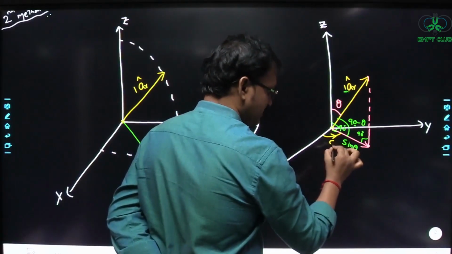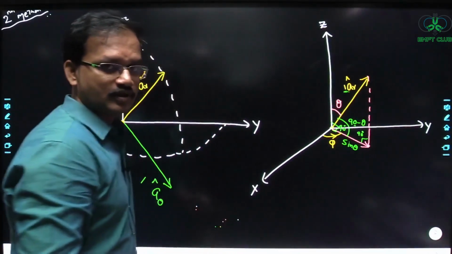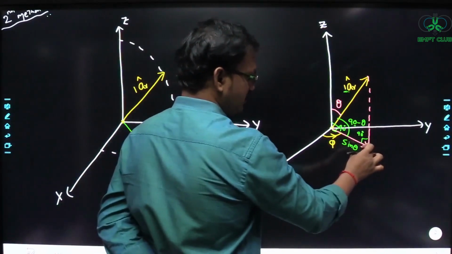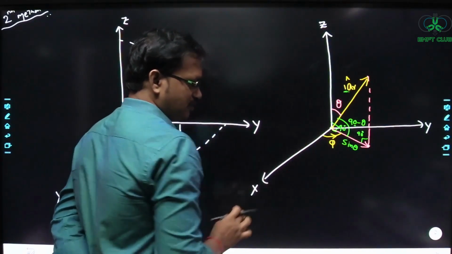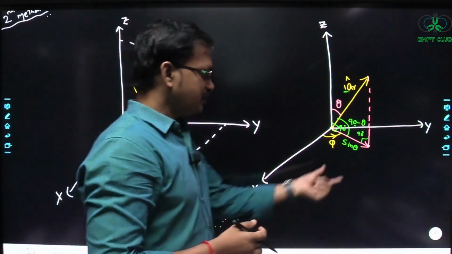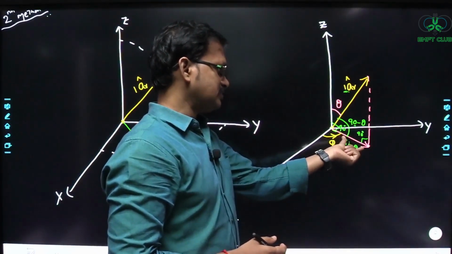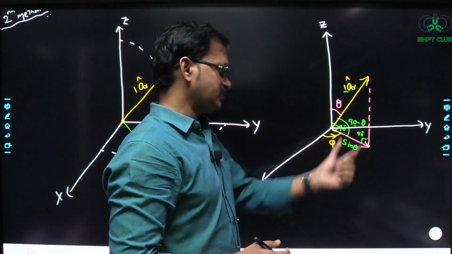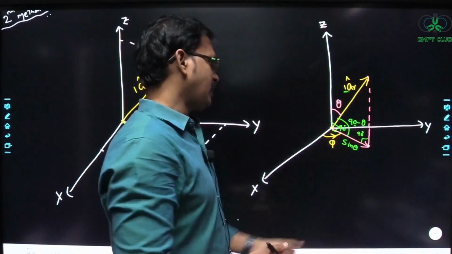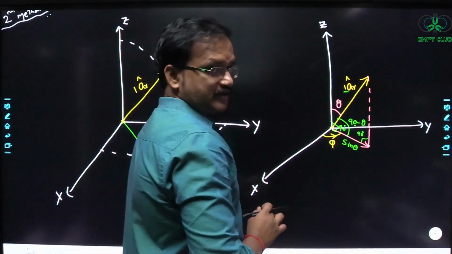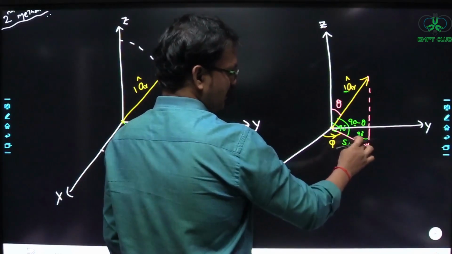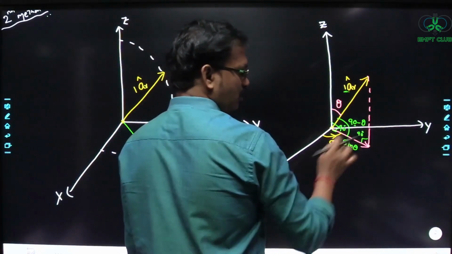So the angle made by this vector with respect to the x-axis is phi. This vector is sin theta, making an angle phi with respect to the x-axis. So now this sin theta is neither along the x direction nor along the y direction.